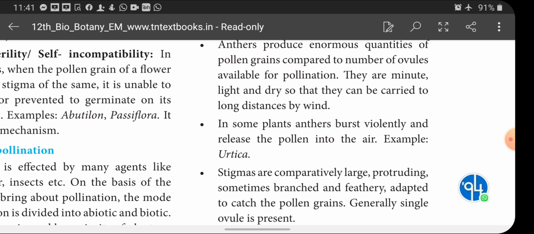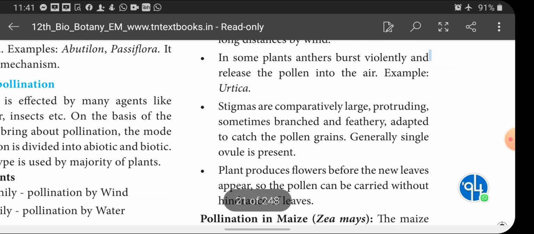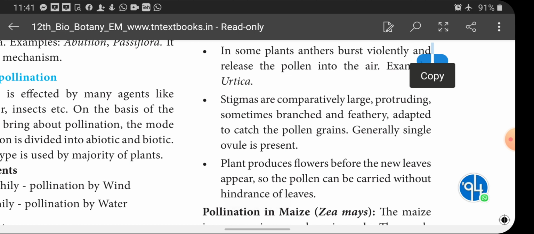Example: Urtica. And stigmas are comparatively large. When compared to the stamen, anther and pollen grains, the stigmas are very large. Why should it be very large? If the stigma is large, it is easy for the pollen grains carried by the small air currents to land on that platform. That's what it is.